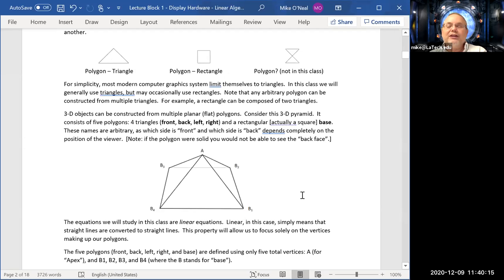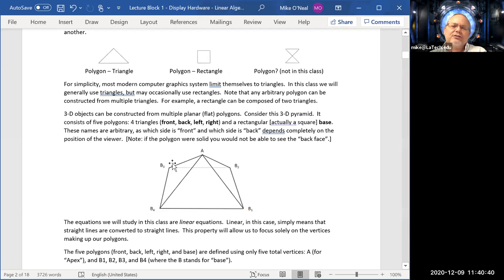Now, the screen you're looking at is flat. The piece of virtual paper that I virtually drew on is flat. So I cannot actually show you a true pyramid, which is a three-dimensional object. But I can show you a graphical representation of a pyramid.